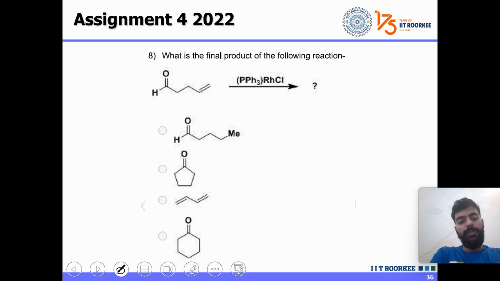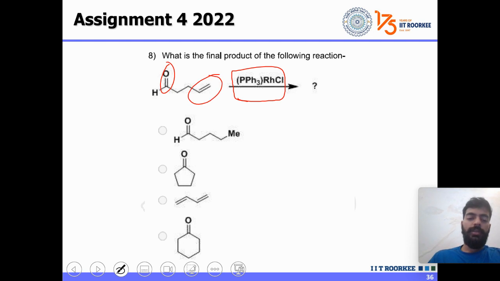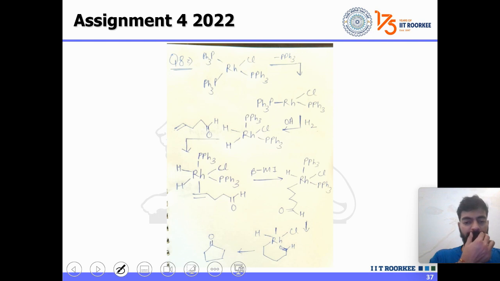What is the final product of the following reaction? So see, we have here a ruthenium chloride complex and there are two reactive centers. It will prefer to react with the alkene, and here is the mechanism.